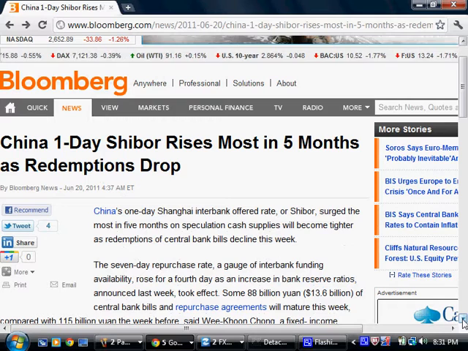I've been looking at the fact that the Chinese were raising reserve requirements and interest rates extremely aggressively over the last 10 months. Since October of 2010, they've raised the reserve requirements on their banks 9 times. The market had been continuing to shrug that off. Well, that is not going to continue. What we're seeing now is a tightening of credit and a removal of liquidity in the Asian markets.